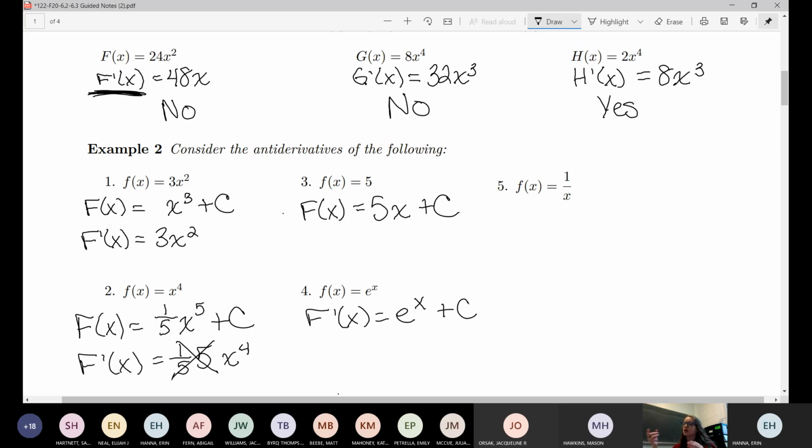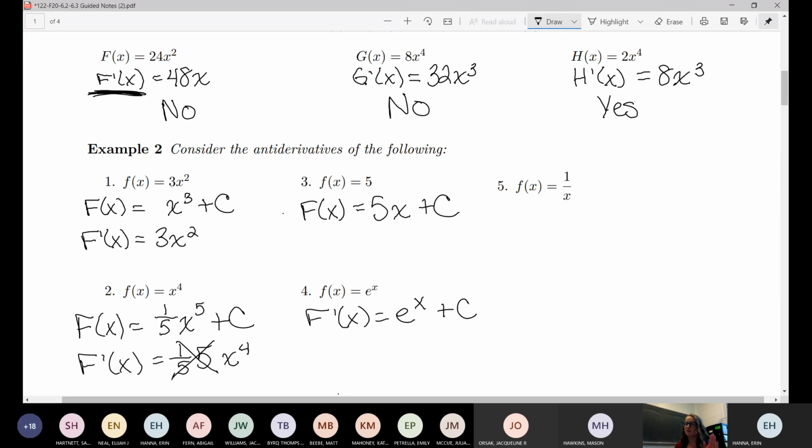And remember, the plus c is because, since we're going backwards, you could technically always have had a constant at the back, and the derivative of a constant is 0. So we needed to consider the fact that there possibly was a constant back there that we don't know. So we're just going to say plus c.